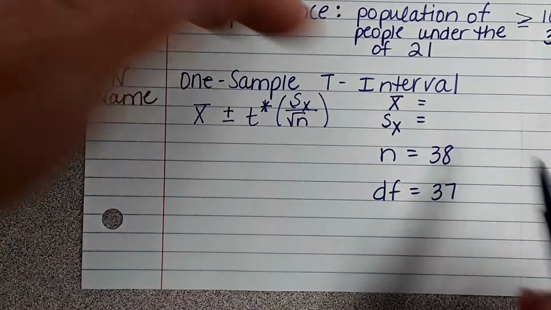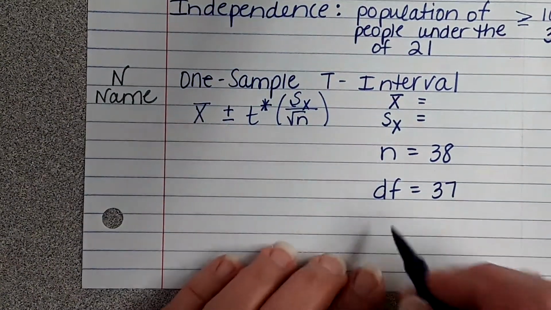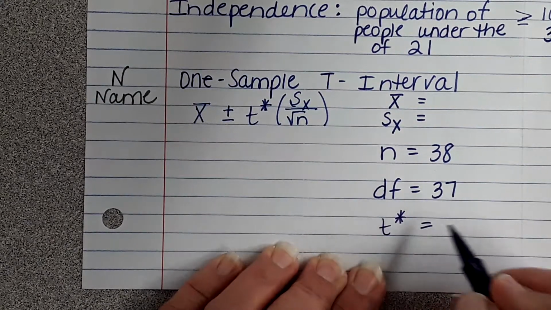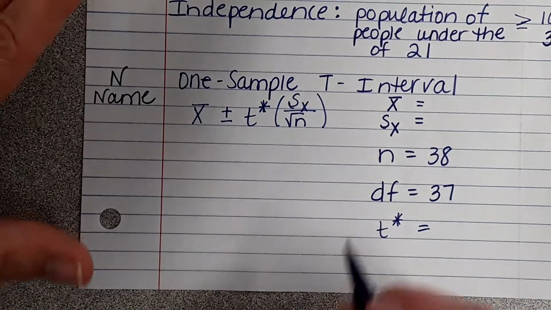So you guys, listen, you don't have to fill everything in just yet, okay? So let's look up our t star, because they don't ever give you your t star in your calculator. So go back to your book and find the t star, and we want to be 95% confident.